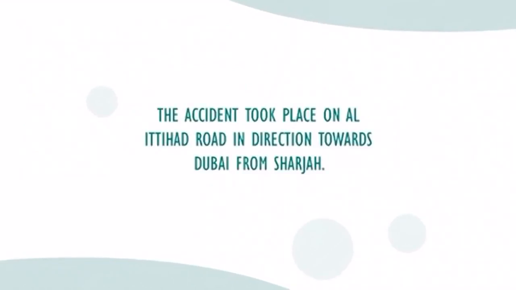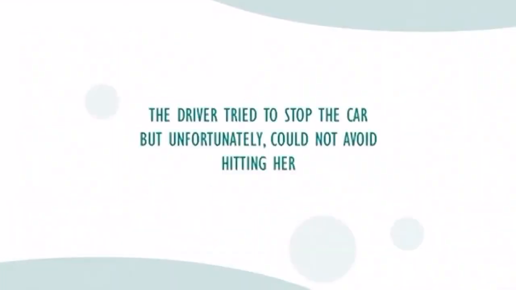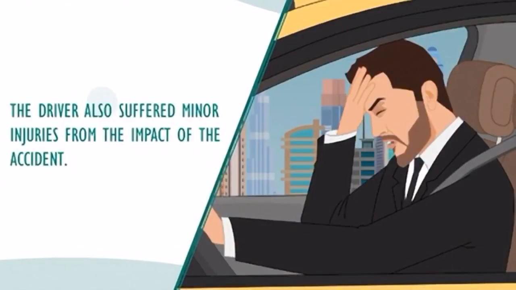The accident took place on Al Ittihad Road in direction towards Dubai from Sharjah. According to the General Department of Dubai Traffic Police, the young woman crossed the street about 40 meters away from the pedestrian crossing when the traffic light had already signaled green for vehicles. The driver tried to stop the car but unfortunately could not avoid hitting her. The driver also suffered minor injuries from the impact of the accident.